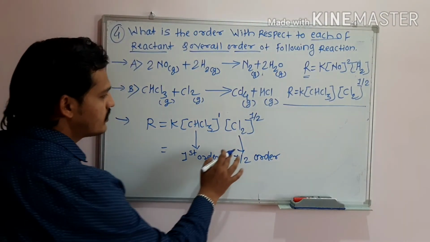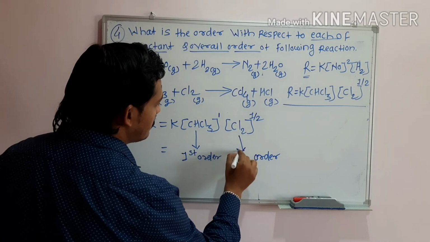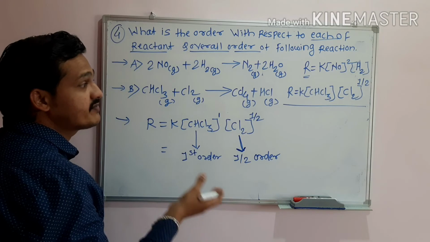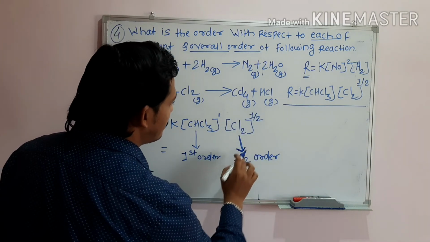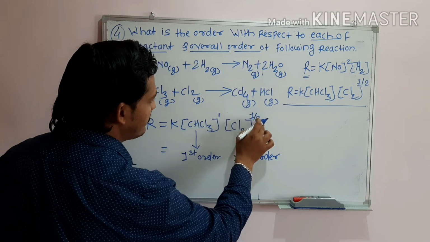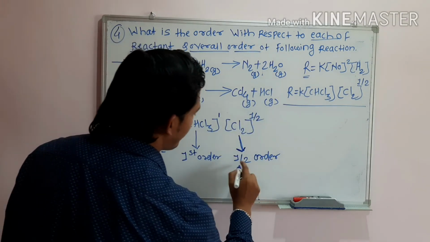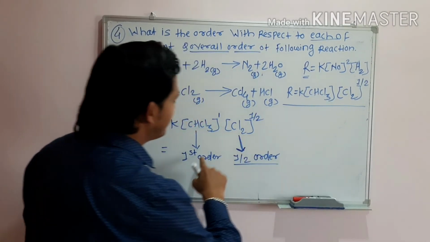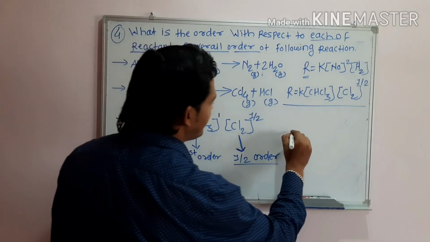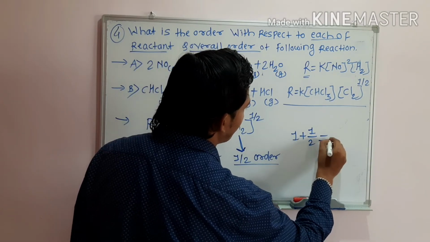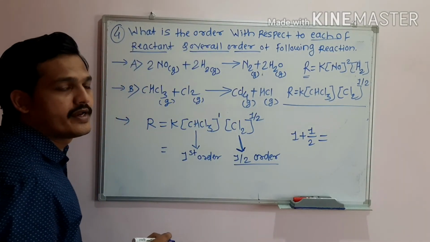So you just write the power, that is half, so it gives half order. Then overall order of reaction will be the sum of power of concentration of reactant, that is 1 plus 1/2.